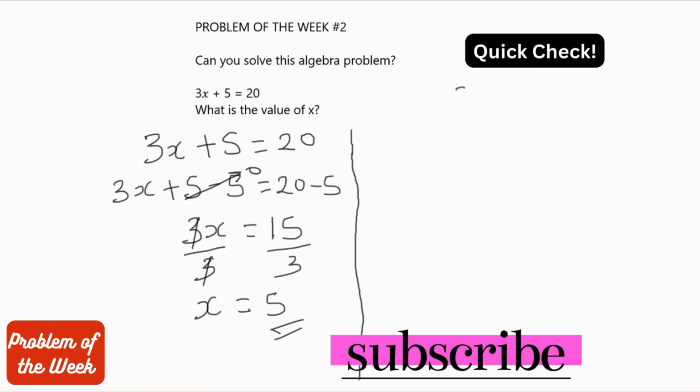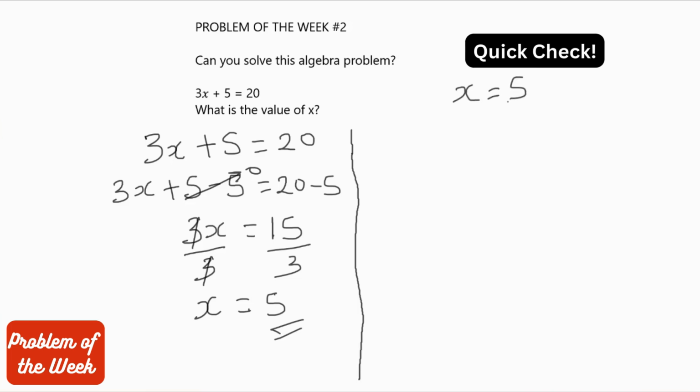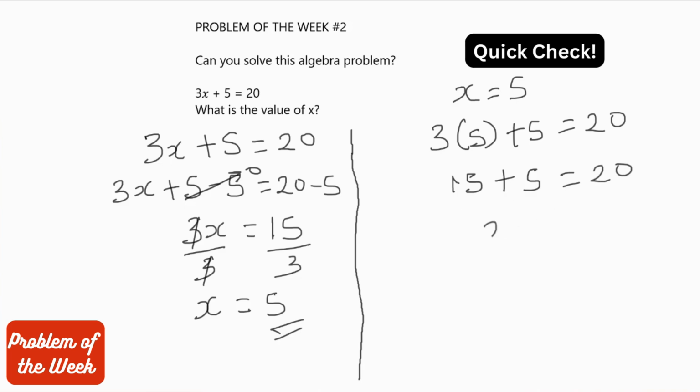So if x is 5, we have 3 times 5 plus 5 equal to 20. 3 times 5 is 15, plus 5 equal to 20. 15 plus 5 is 20, equal to 20. Since both sides are equal, it means that our solution is correct.